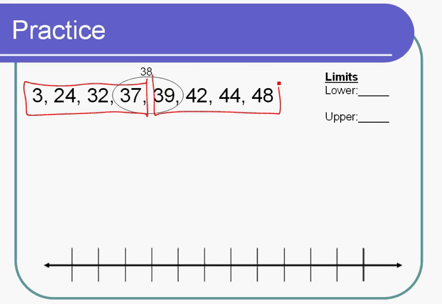So my lower quartile is going to be 28. My upper quartile, again, I'm finding the average of 42 and 44, which would be 43. So at this point, I have a median, a lower quartile, and an upper quartile.